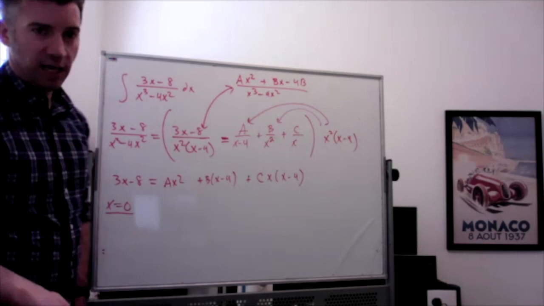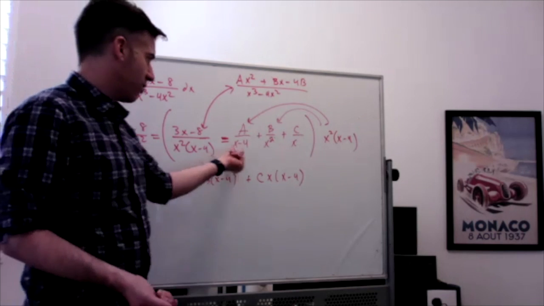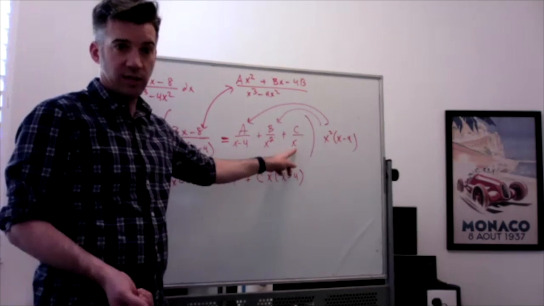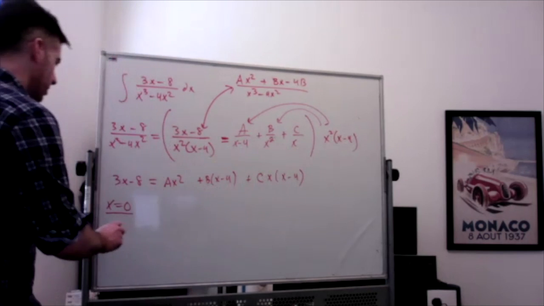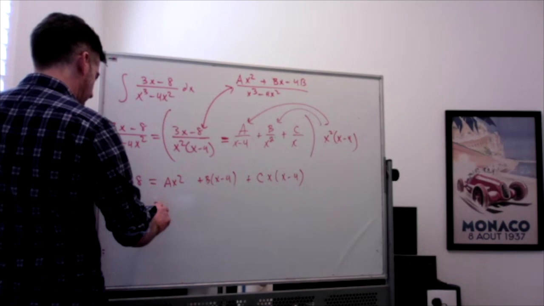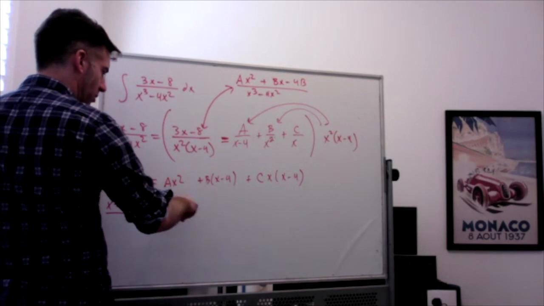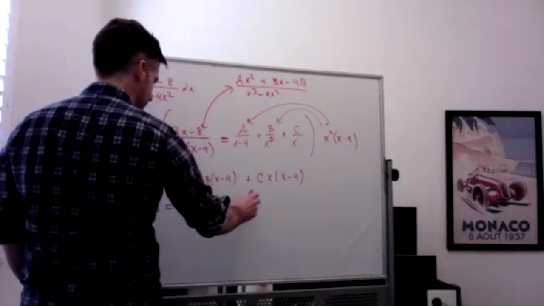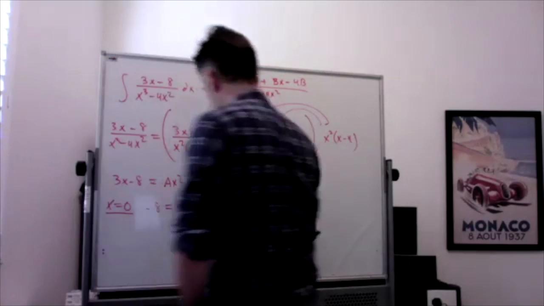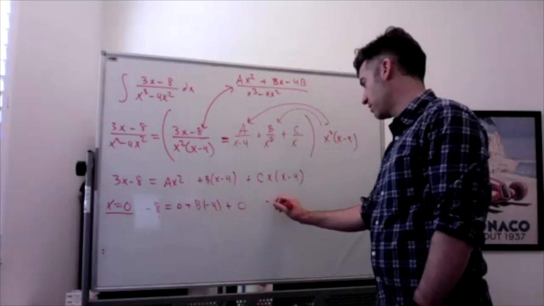If you hadn't noticed yet, your convenient values are just the things that make one of these denominator factors 0. So 0 makes these 0, 4 makes these 0. Those are my convenient values here. If x equals 0, I get negative 8 on the left. I get 0 plus b times negative 4 plus c times 0. So negative 4b equals negative 8.